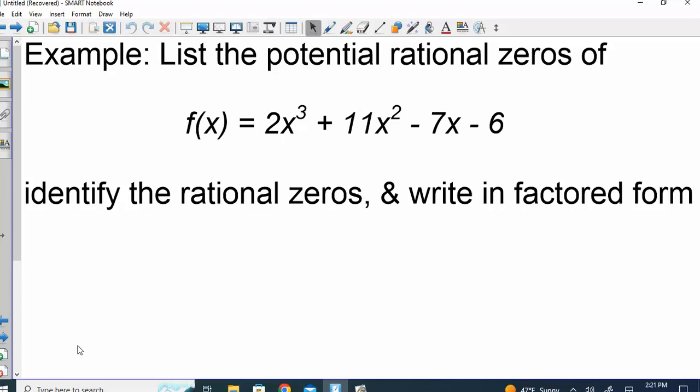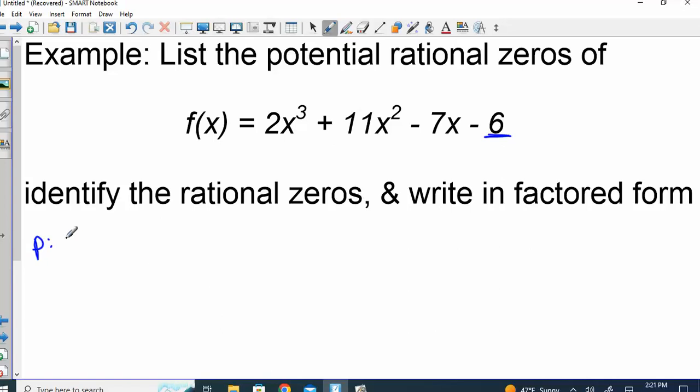All right, I want to list all the possible zeros to start. So that's everything that could be a 0. Not necessarily everything that is, but just what are my possibilities? Okay, this polynomial isn't divisible by everything under the sun, so what could it be? So we start with p. To get our p value, we look at the constant.